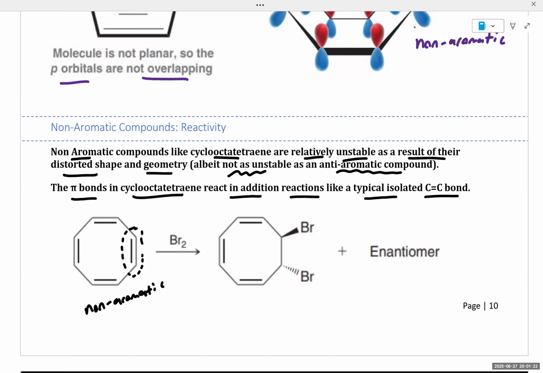They are neither aromatic nor antiaromatic. They've broken their planar geometry. They adopt a distorted shape. Their p orbitals are not conjugated, and so they react like any typical non-aromatic compound. Their pi bonds react like a normal isolated alkene.